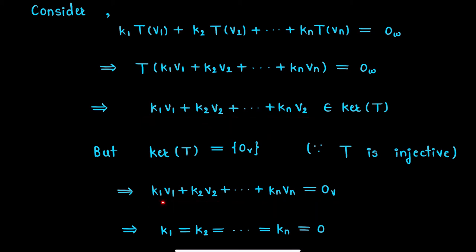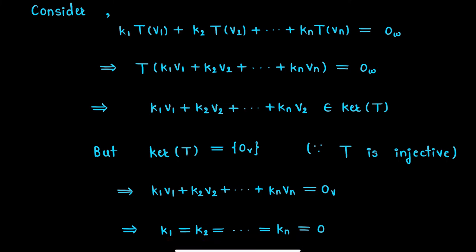Now we know that V1, V2 up to Vn are basis vectors, so they are linearly independent. Now if this linear combination is equal to the 0 vector, the scalars K1, K2 up to Kn must be equal to 0.